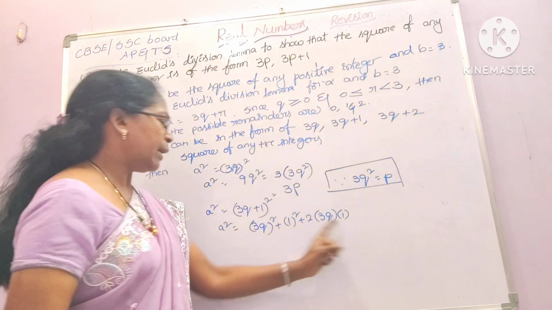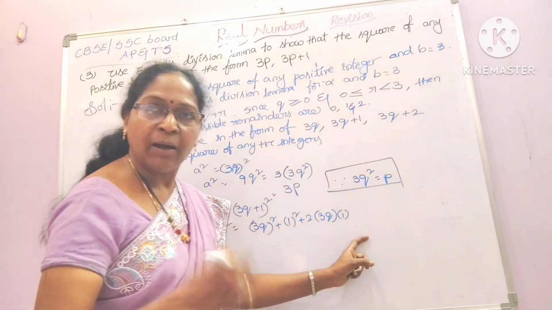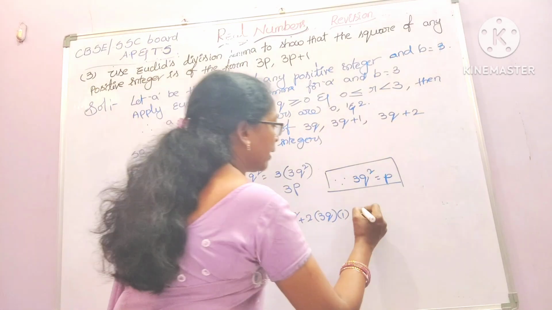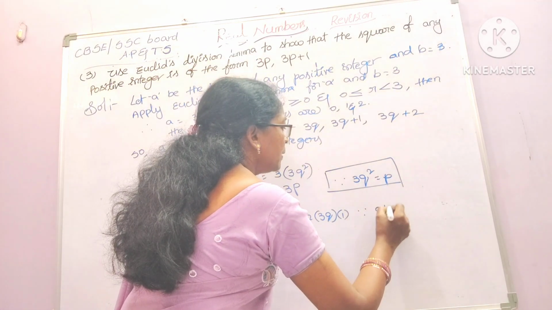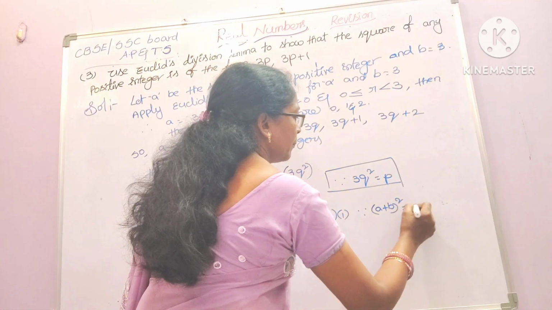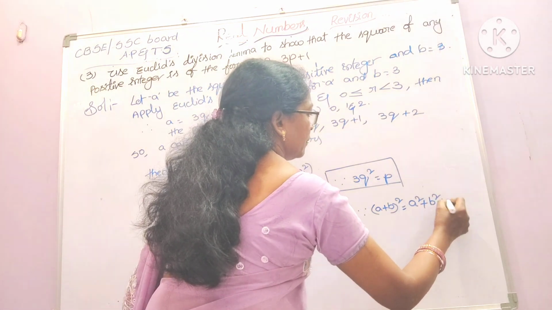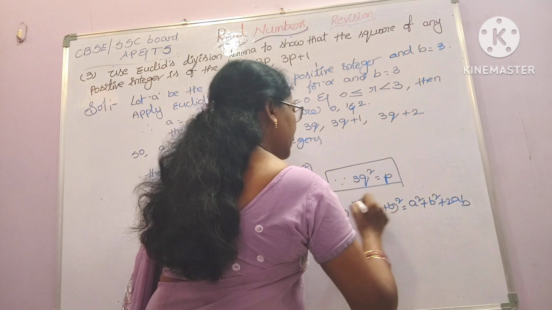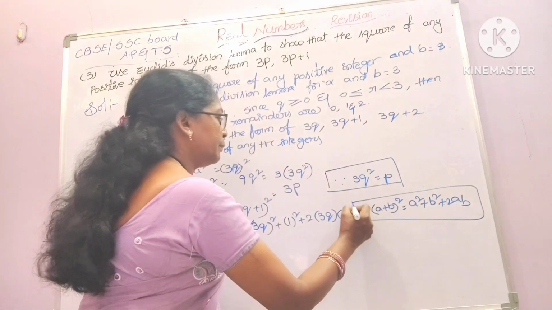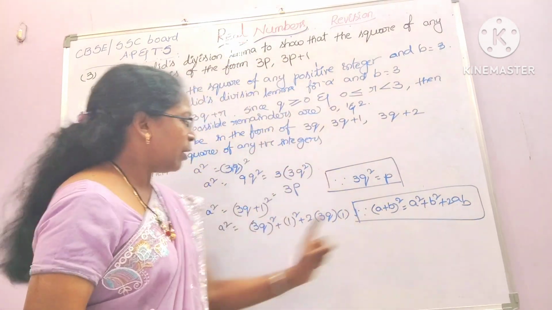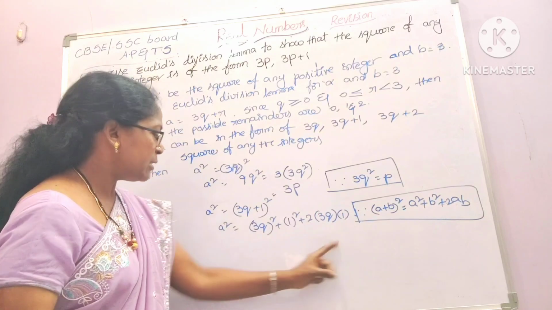According to the formula a plus b whole square equals a square plus b square plus 2ab, I expanded this term like this.